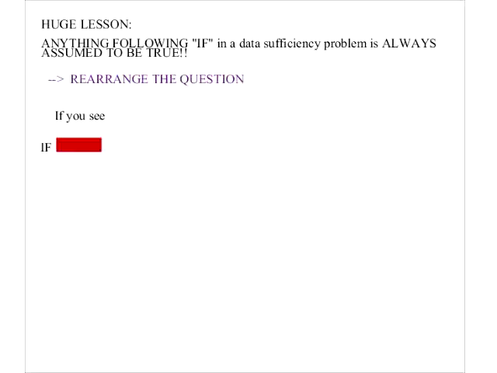If some statement written in red, then let's say you have a question written in green. And let's say statement 1 is something in blue, and statement 2 is something in, I don't know, orange maybe. So that'll be statement 1, that'll be statement 2. The way that you should rearrange this is with the knowledge that the red thing is always true.